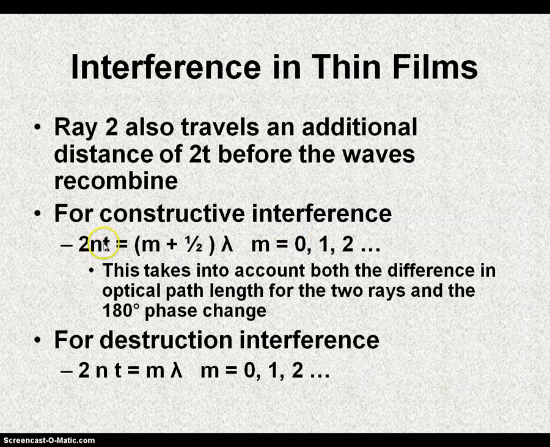Where this n comes from is taking into consideration the change of the wavelength as we enter into the new medium. So that whole wavelength in the new medium being equivalent to wavelength over n. Now for destructive interference for this case, it's just going to be 2nt equals m times the wavelength.